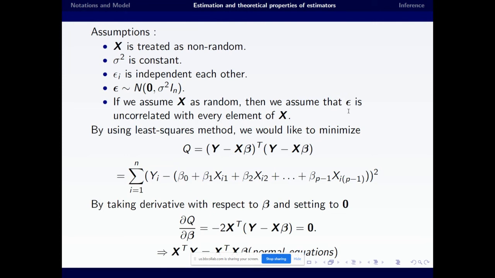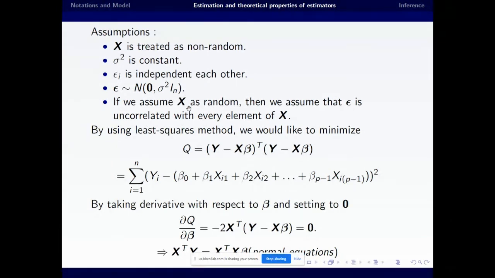This fifth assumption is also important for model checking, and we will discuss the details of model checking later in this course.